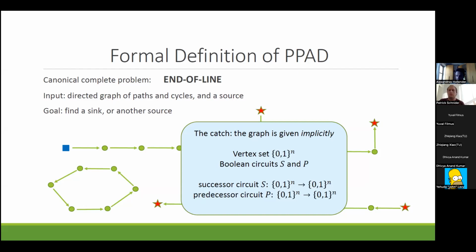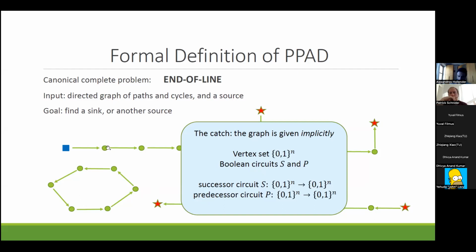Namely, the vertex set is actually exponentially large. It's all bit strings of length n, so there's 2 to the n vertices. And I also give you 2 Boolean circuits S and P that you can use to compute successors and predecessors in the graph. What do I mean by that?